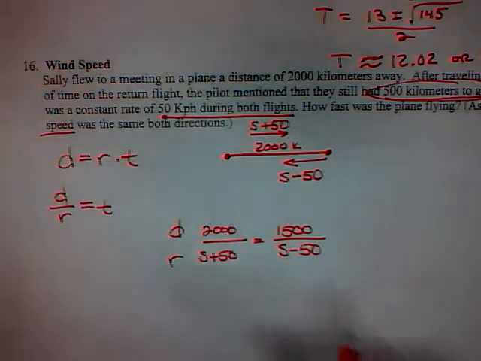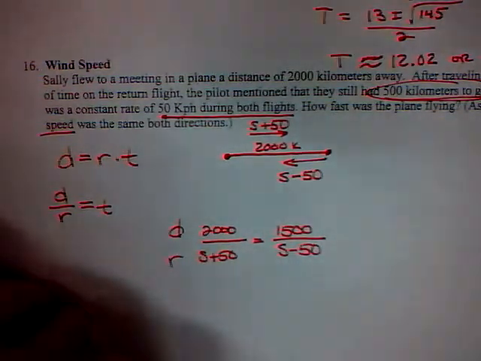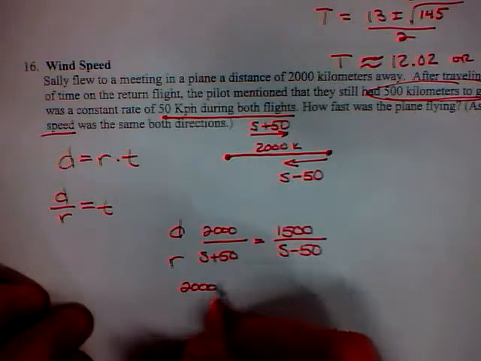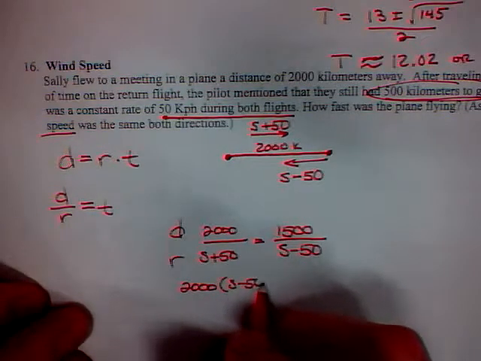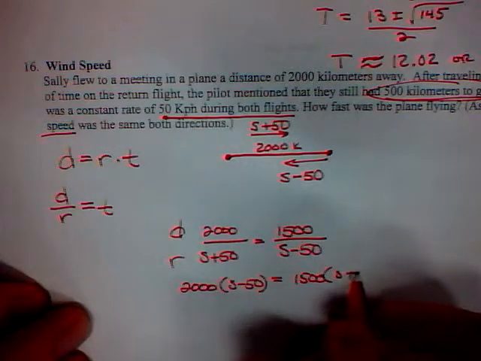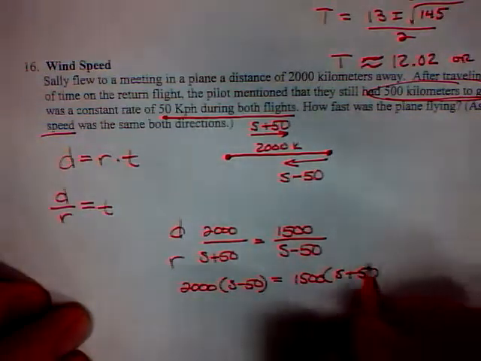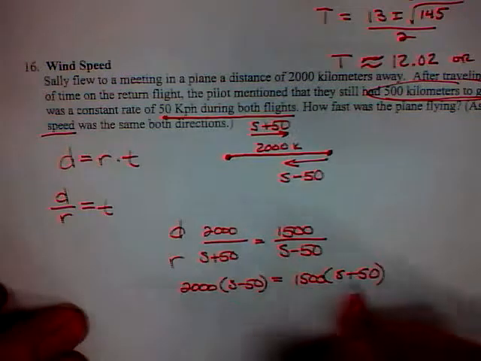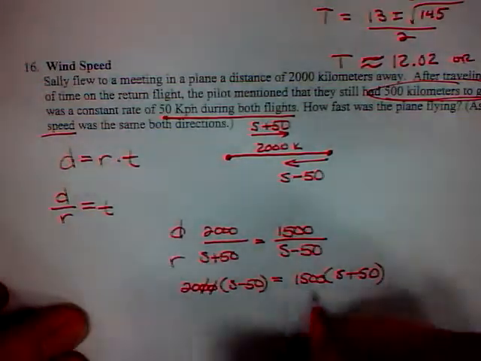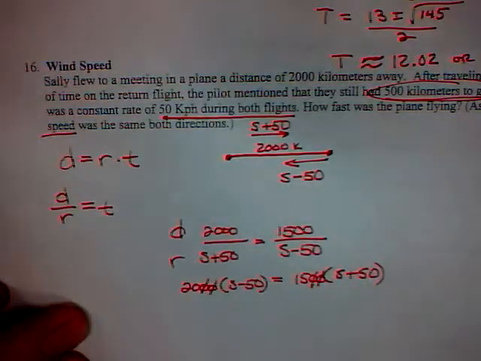So now we can go ahead and cross multiply here. We're going to get 2,000 times s minus 50 equals 1,500 times s plus 50. We can go ahead and divide both sides of this by 100, and we'd lose 2 zeros on each side. A little easier to distribute here.